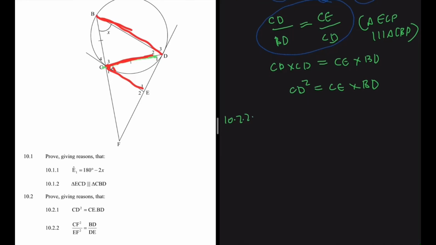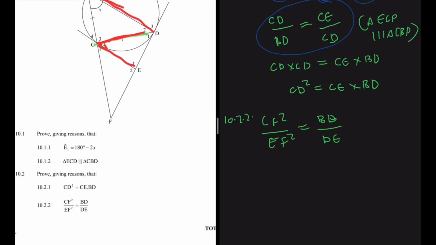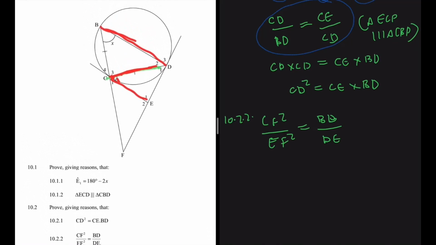In 10.2.2, we are required to prove that CF squared divided by EF squared is equal to BD divided by DE, right? Which is a bit complicated, but it's fine. So CF is not in any of those triangles, so we cannot use those triangles to prove 10.2.2. We have to resort to something else, right?